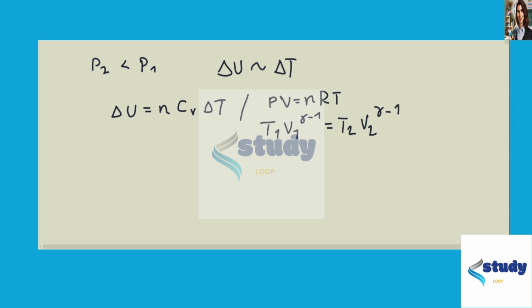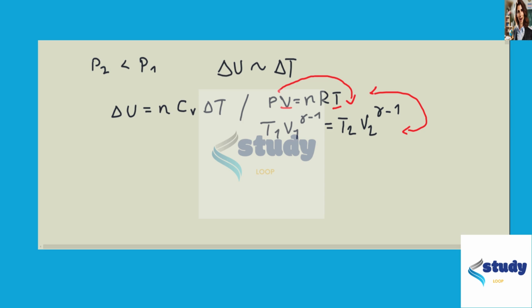Now, what we will do here is relate these two equations. By relating these two equations and substituting for the volumes, here we have volume as a function of the temperature, and we can also place P, the pressure, on the other side.